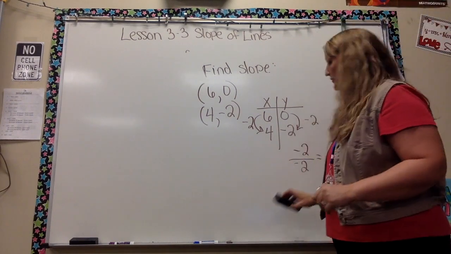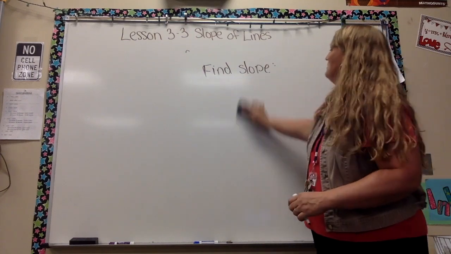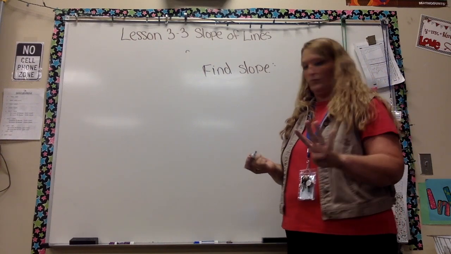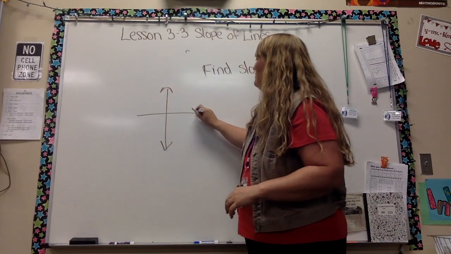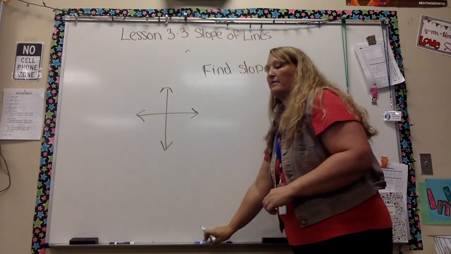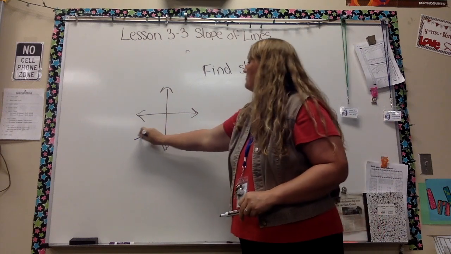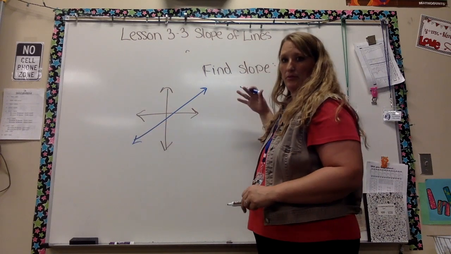So just to review what slope looks like, there are 4 different kinds of slope, okay? The first kind of slope is a positive slope. It is going up from the left to the right.